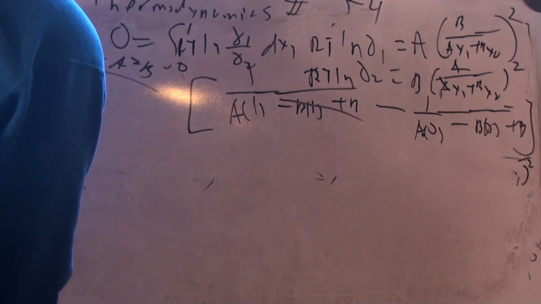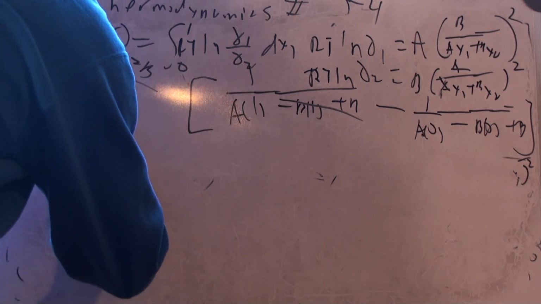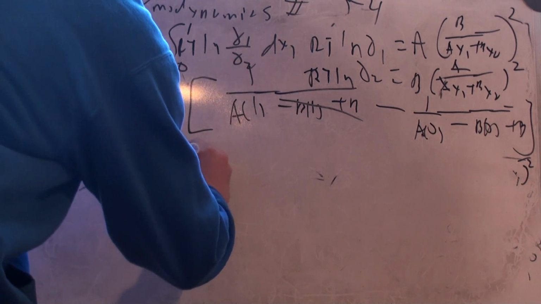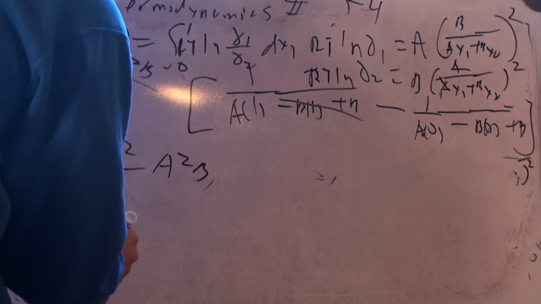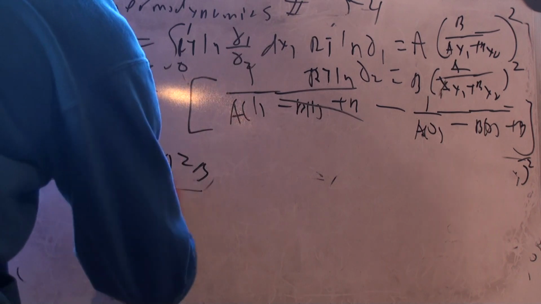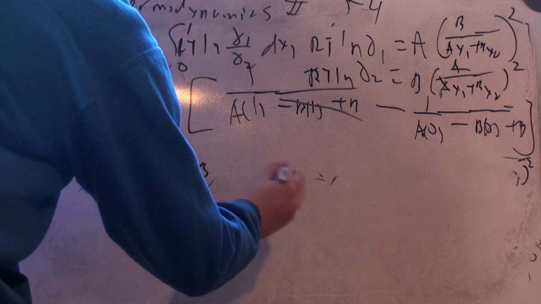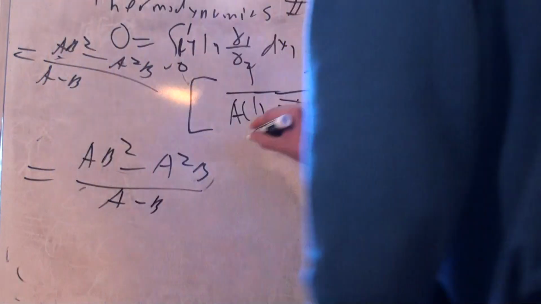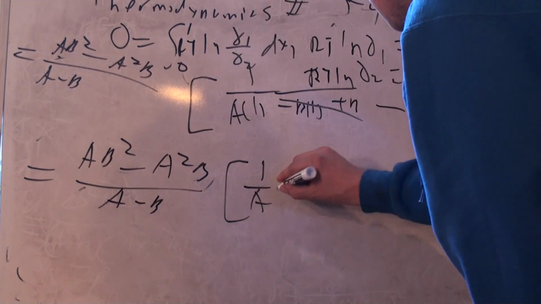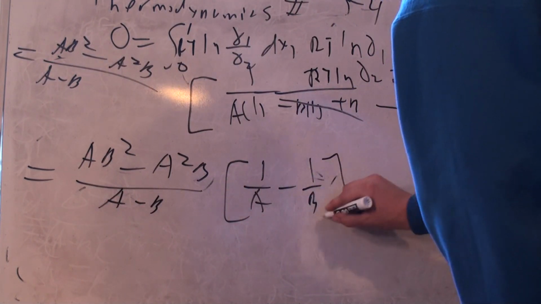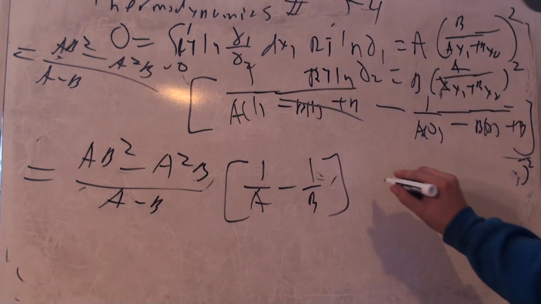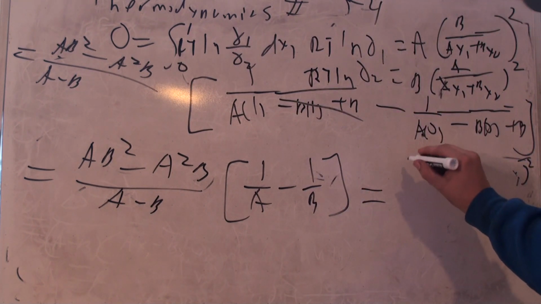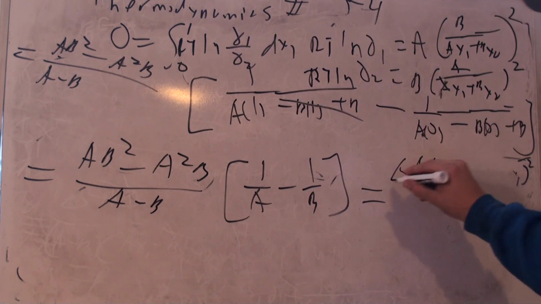Okay, so I have equals AB squared minus A squared B over A minus B times 1 over A minus 1 over B. Okay. Let's get a common denominator here. So I'll keep that delta AB for now.